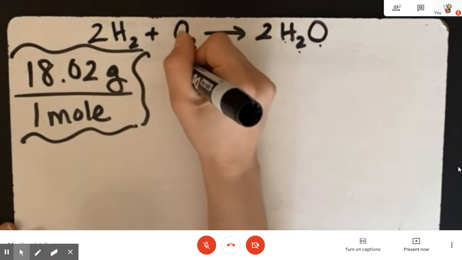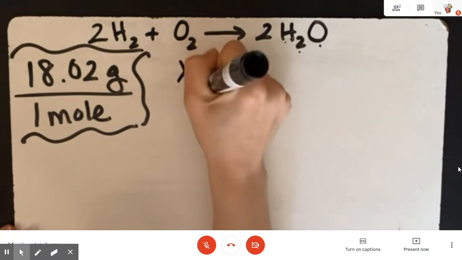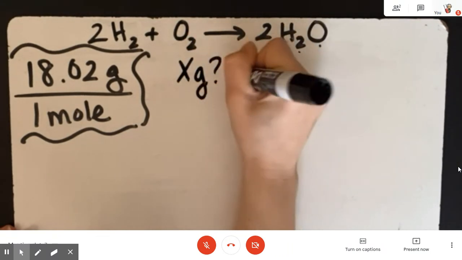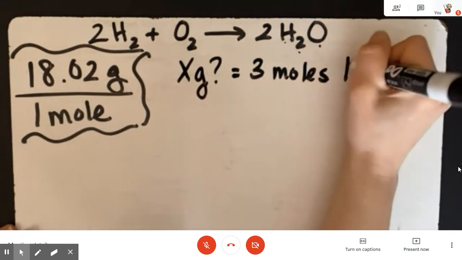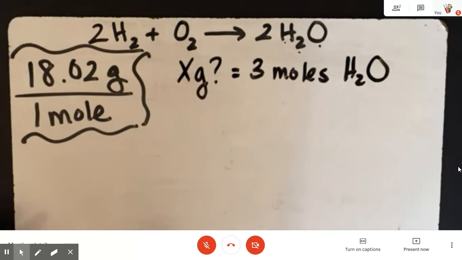So if I wanted to know what is the mass of 3 moles of water, we could use that proportion to help us predict how heavy 3 moles of water would be.